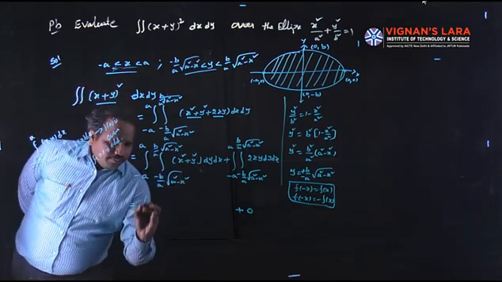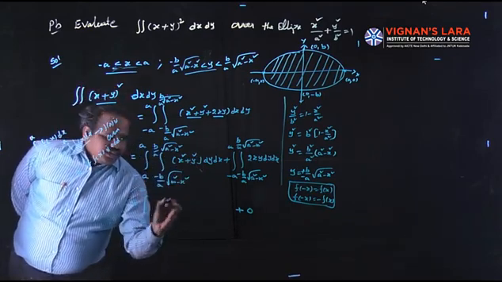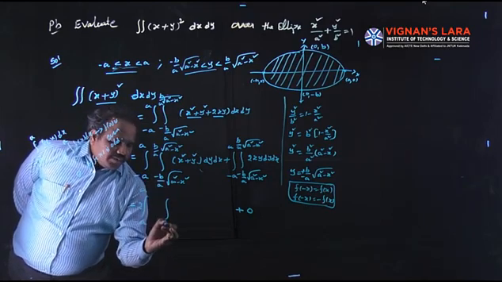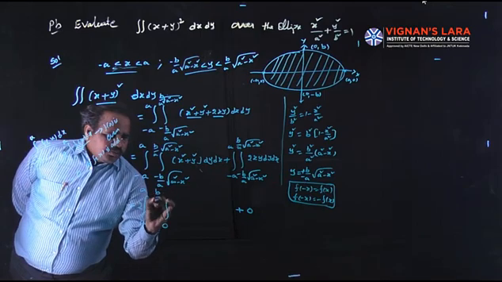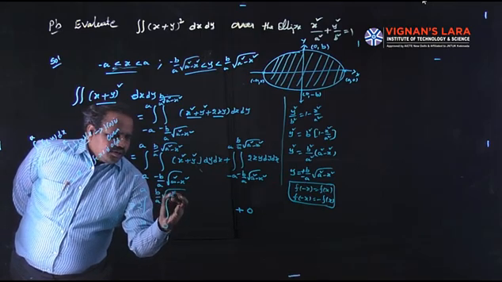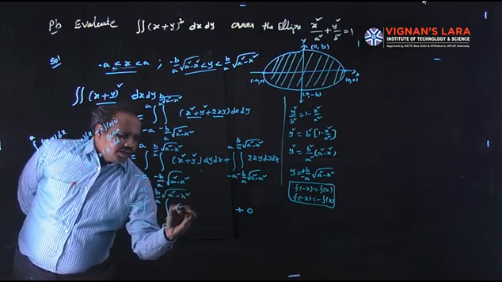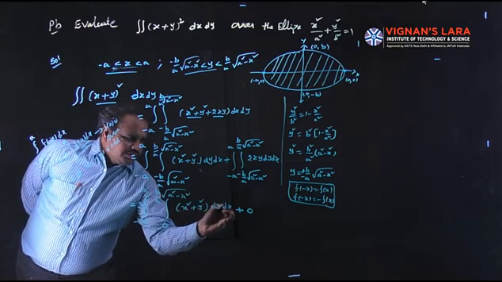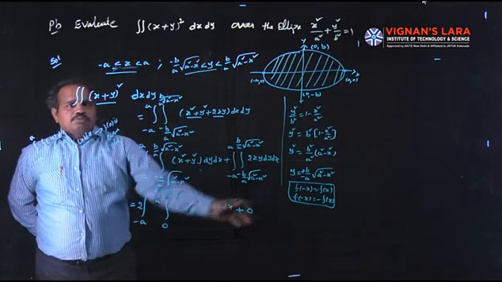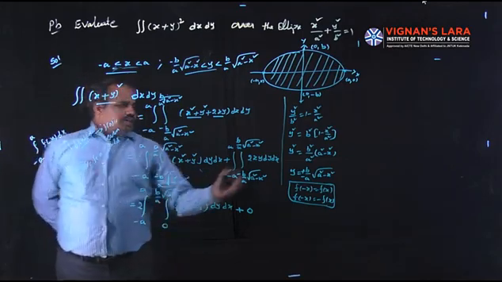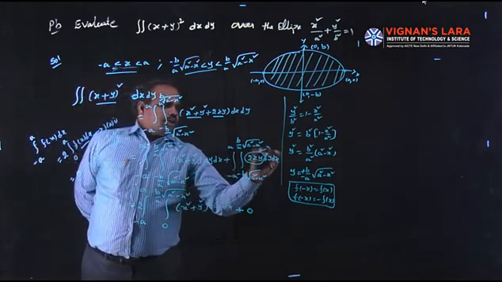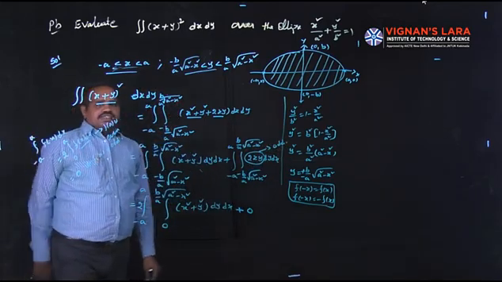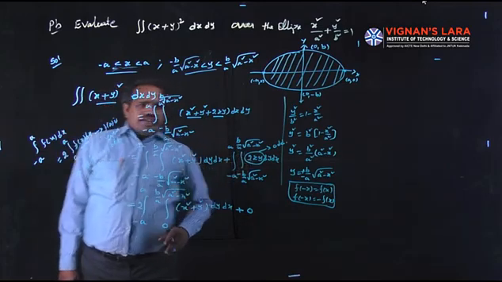So this one I am rewriting as integral minus a to a, 2 I am writing outside, 0 to b by a under root of a square minus x square, (x square plus y square) dy dx. So the odd function term becomes 0, because this function is an odd function. In that way, this total term becomes 0.